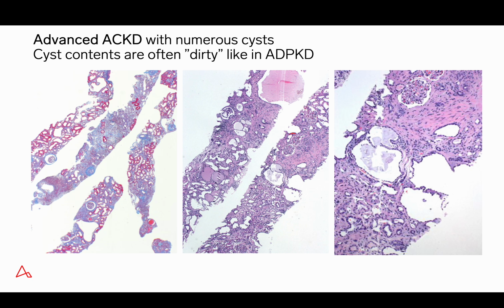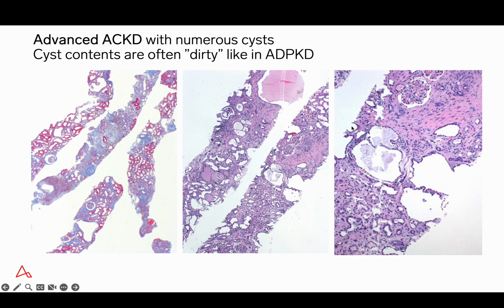This is an example of more advanced acquired cystic kidney disease on biopsy. Here in the trichrome stain on the left, we can see diffuse tubulointerstitial and glomerular scarring. And we have numerous cysts that are formed. They range from just ectatic tubules to microcysts to cysts that are probably beginning to meet the threshold for ultrasound demonstration.